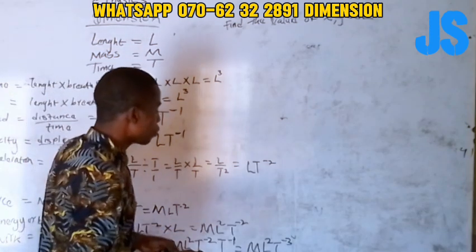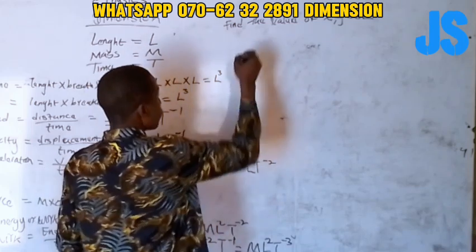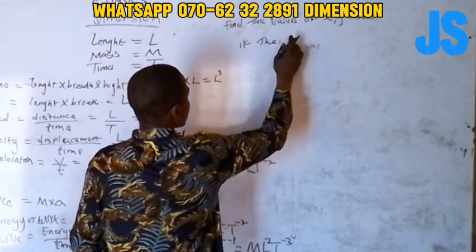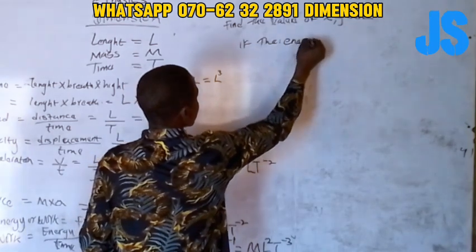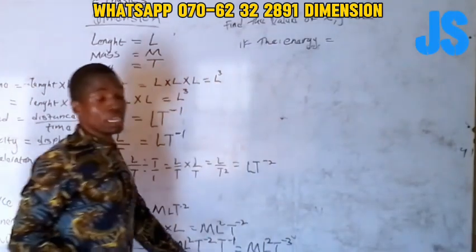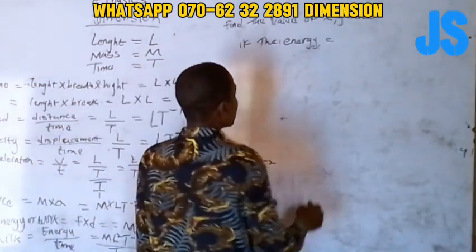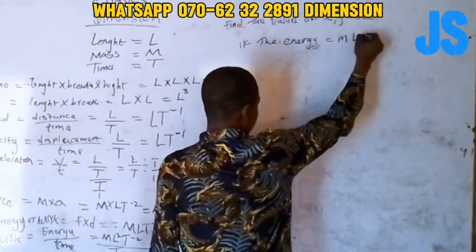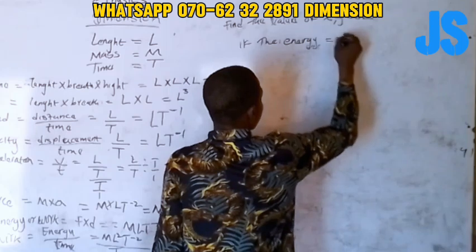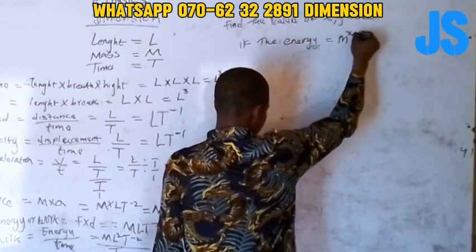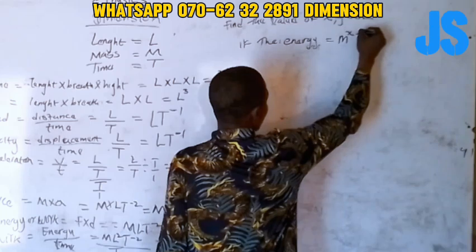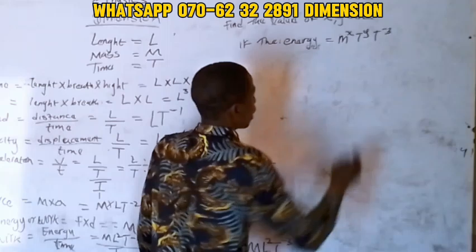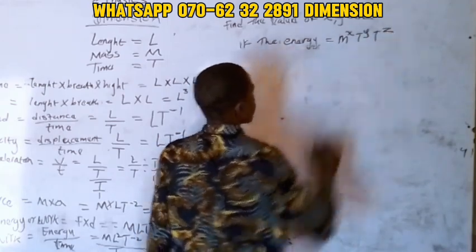Now, they will give you the energy equal to M to the x, L to the y, and T to the minus z.